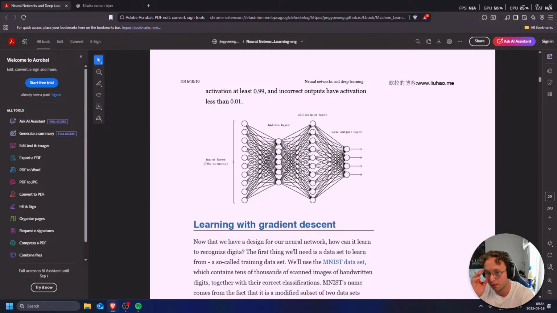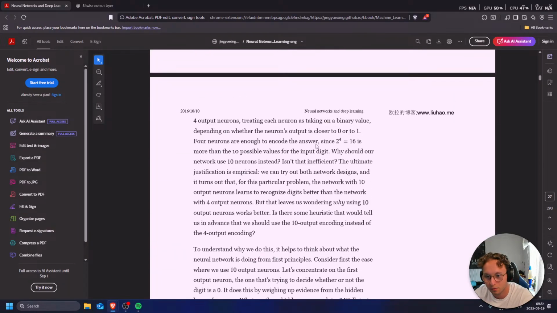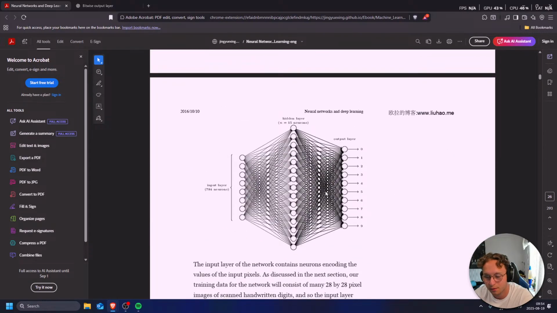All right, and then as a hidden layer, we have 5 others. And then we have another 10, I think. And actually, this is not the correct diagram or network. It is this one here.